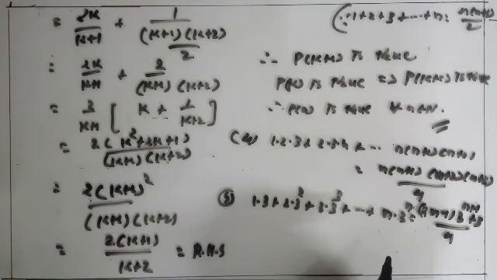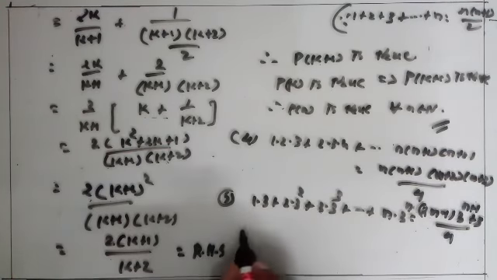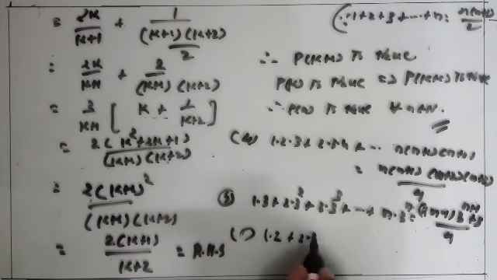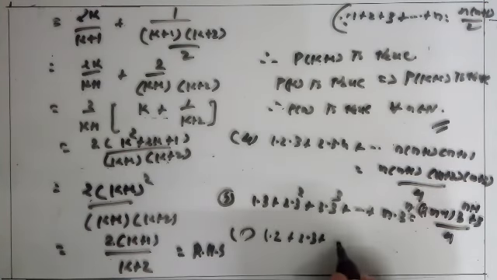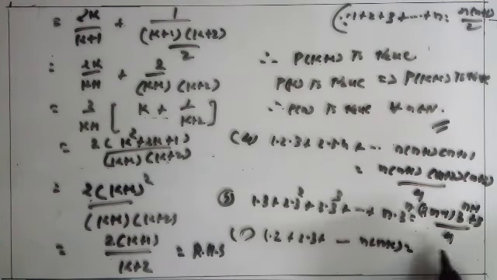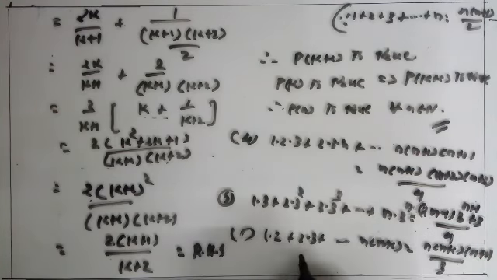Now, next question, question number 6 also: 1 into 2 plus 2 into 3 plus up to plus n into n plus 1 is equal to n into n plus 1 into n plus 2 upon 3. Doing the same, we solve this equation also.